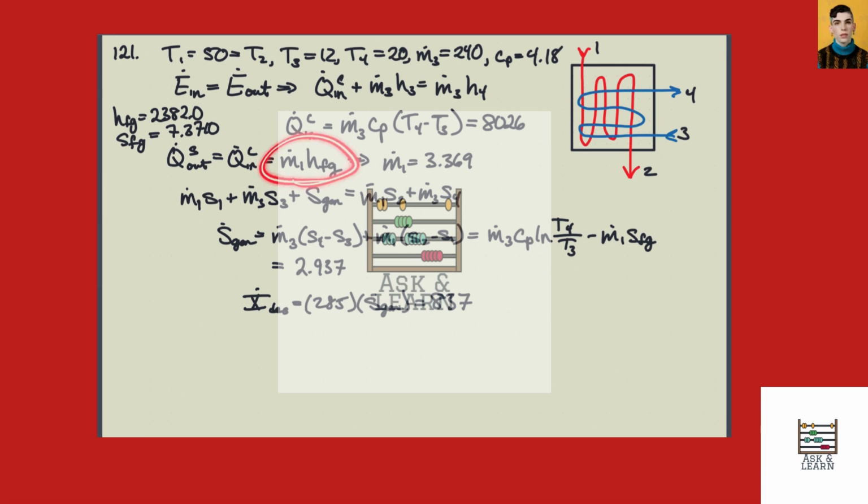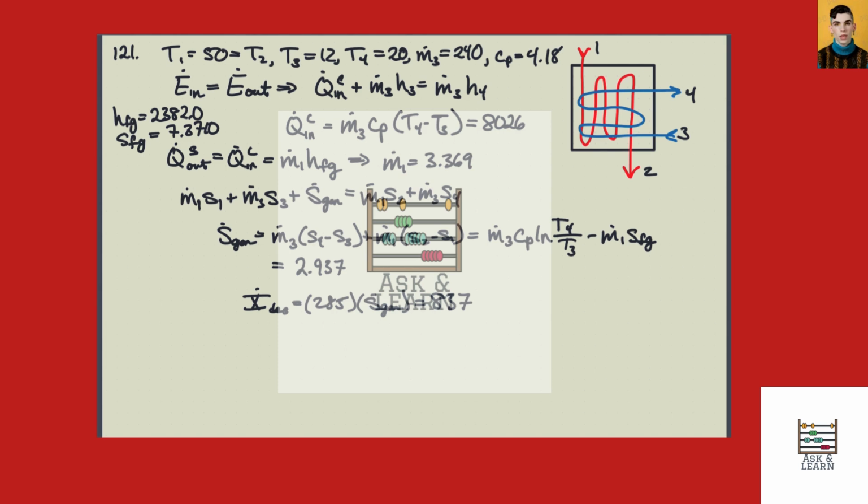So this is the enthalpy of condensation, and we have the mass flow rate, which we don't know. We can look up the enthalpy because we know the temperature is 50 degrees C, and we get the mass flow rate of steam, and that's 3.369 kilograms per second.